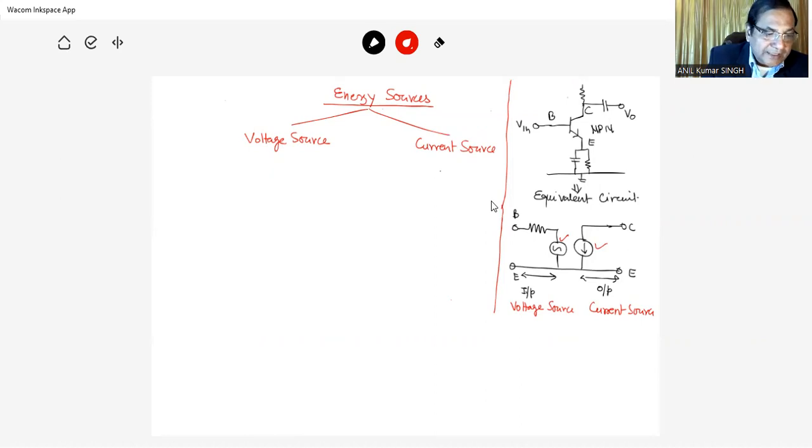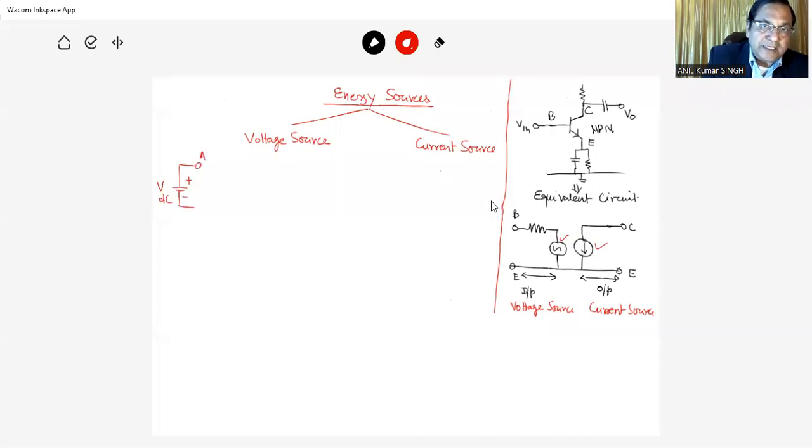Now, in any circuit, when we have this kind of symbol, this symbol is V, the voltage of DC, because this is the positive terminal and this is the negative terminal.